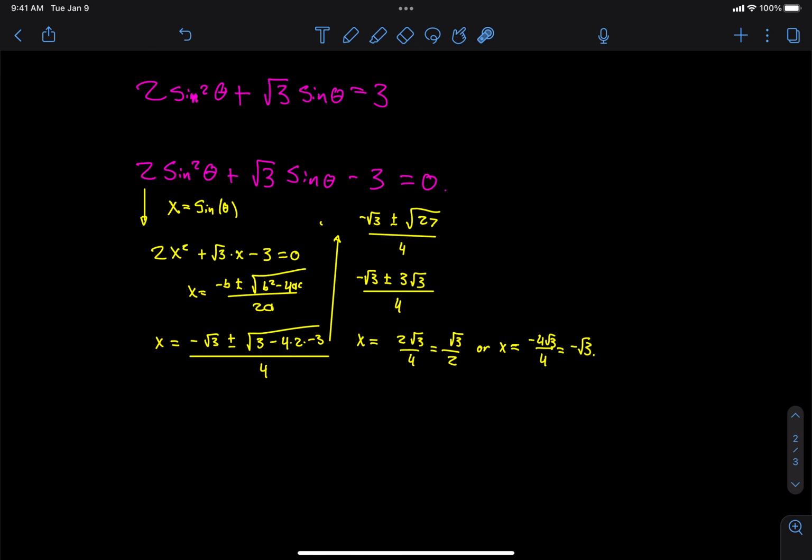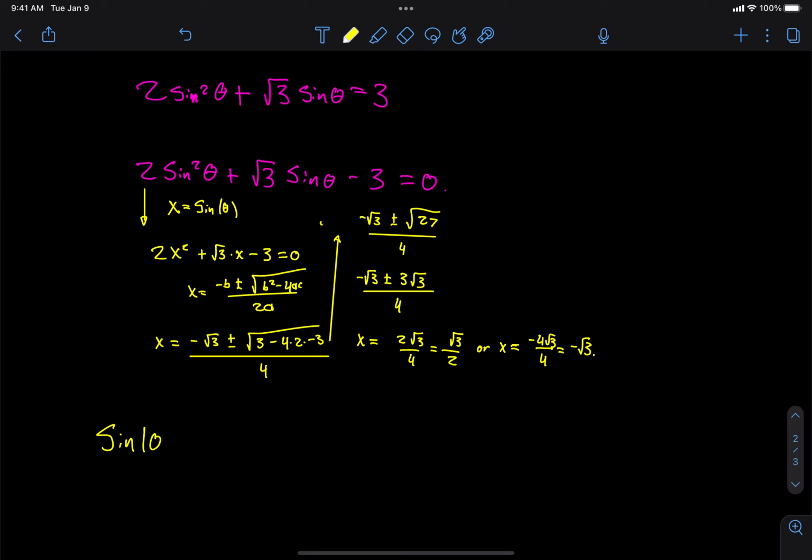So, I took this problem and I translated it into a different language and I solved the problem in the different language. What's left still to do? Switch it back to solving. We want to go back to the original language. So, now we're going to get two new equations.